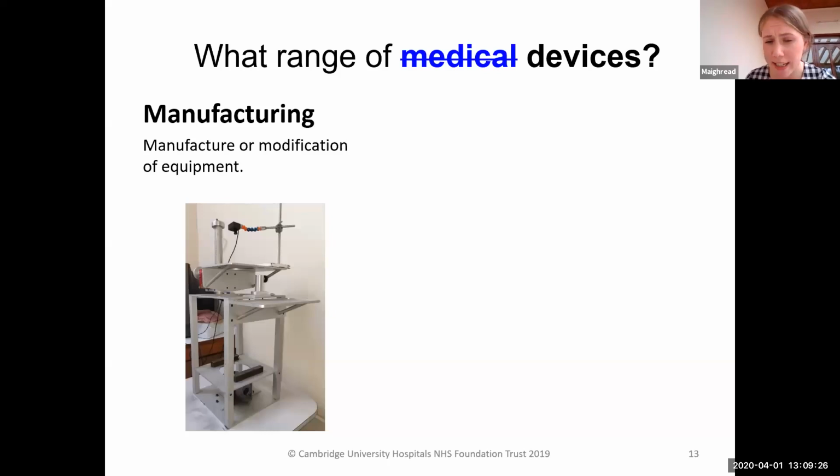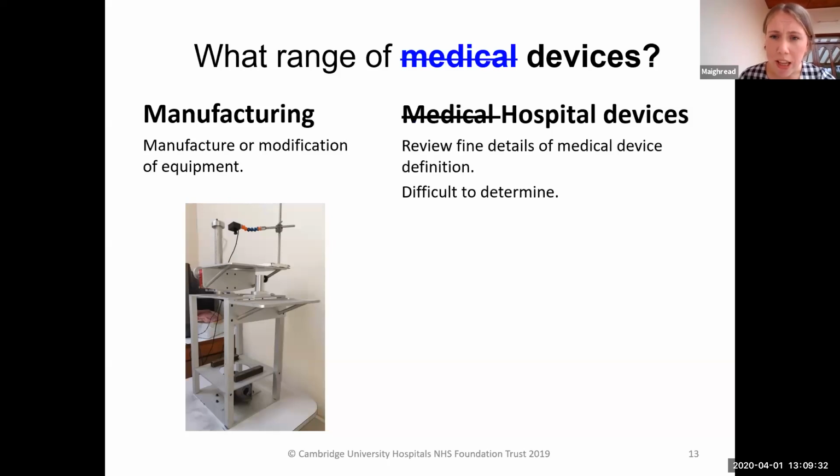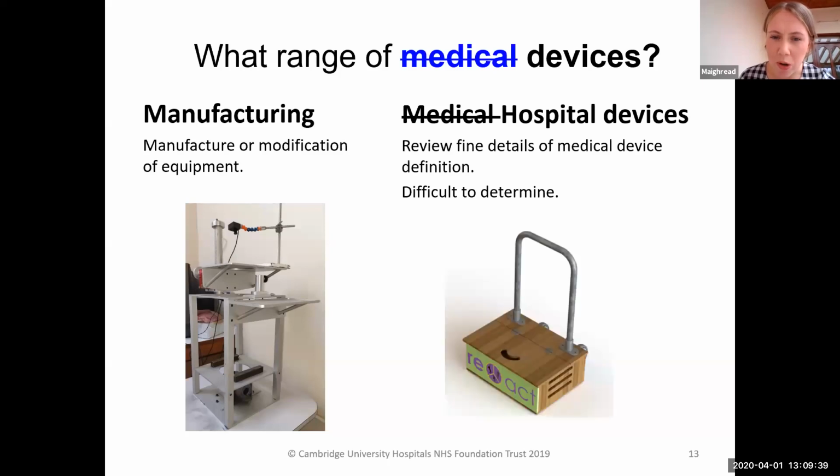We are happy to take these jobs on, even though they aren't classified as medical devices. We then also have, quite similar to this, a grey area of development, where we have requests for a device which has a question mark over whether or not it is a medical device. As a team, we assess these and determine their classification.